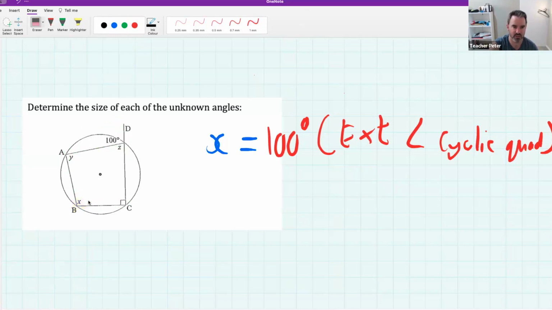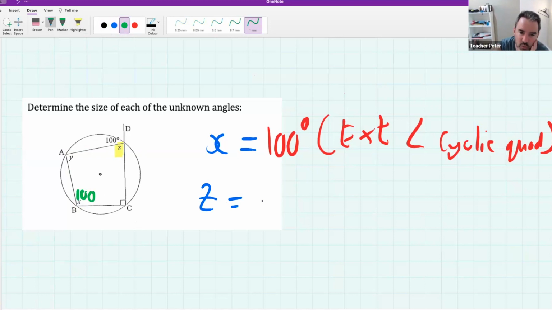What a lovely question. Okay, so now if you know this is 100, what is the size of angle Z going to be? Pop your answer in the chat. Well, it's not going to be equal to 100.